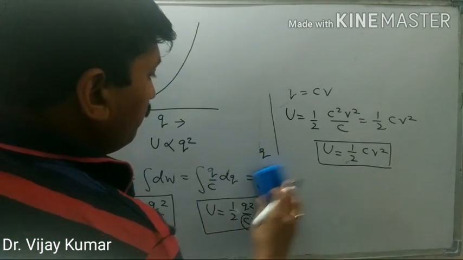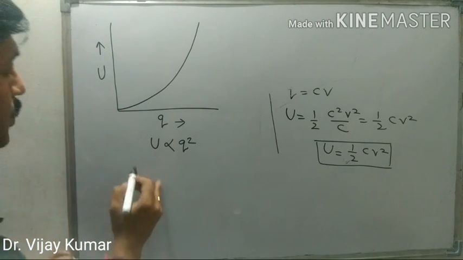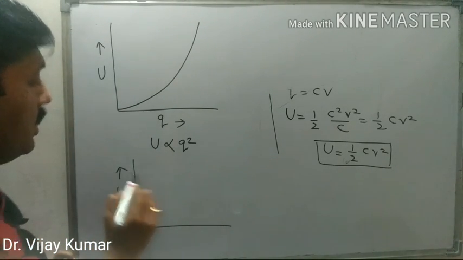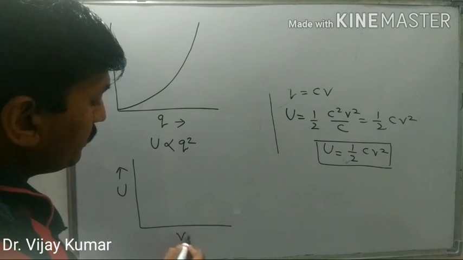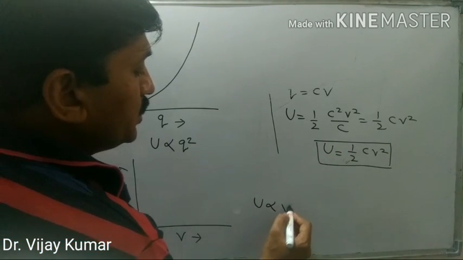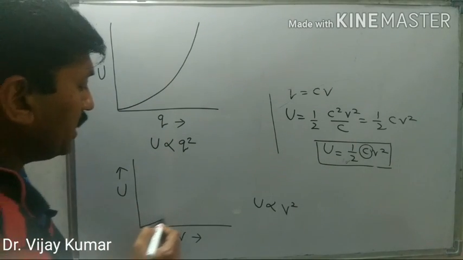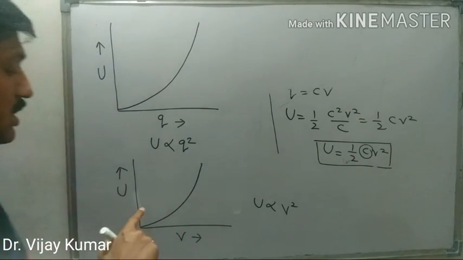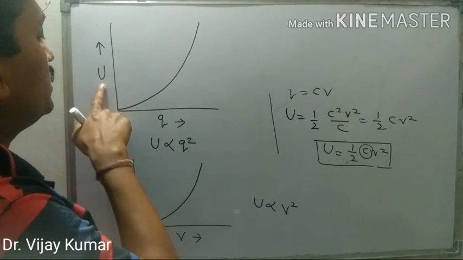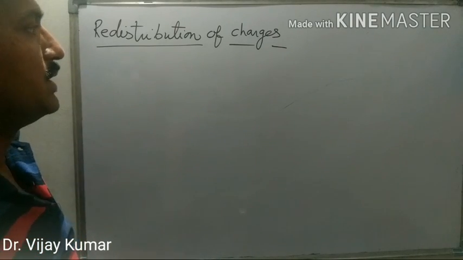And if we draw a curve between potential energy and potential V, again potential energy is directly proportional to V² as C is constant, and it should again look like this. This is the curve between U and potential, and this is the curve between potential energy and charge.